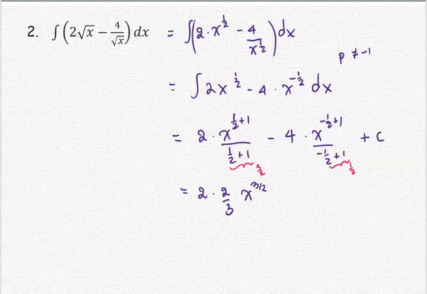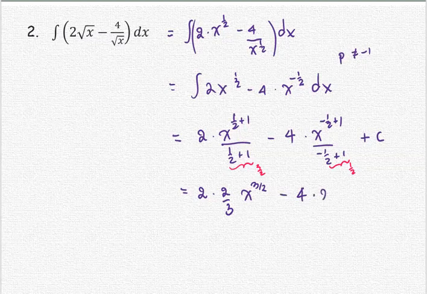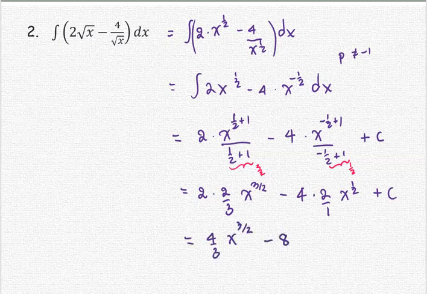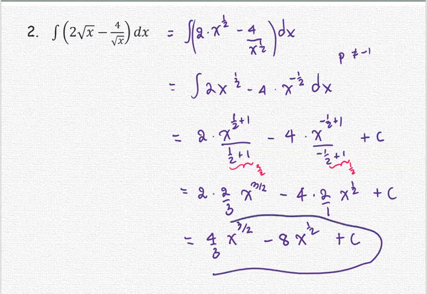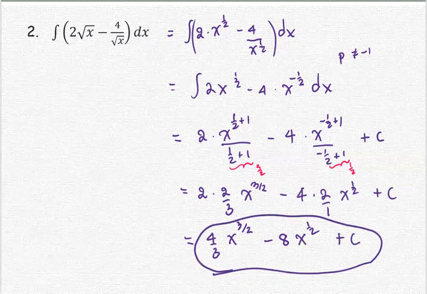And the second term is negative 4 multiplied by 2/1, or just 2. And then multiply by x to the power 1/2 plus c. Simplify one more time to get 4/3 x to the power 3/2 minus 8 multiplied by x to the power 1/2, and then plus c as the result.